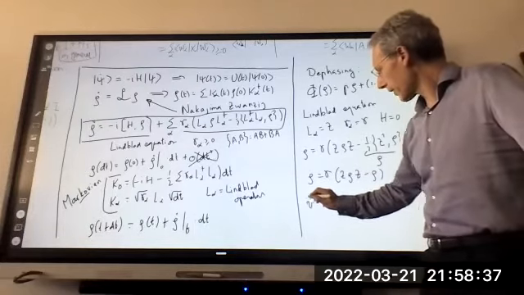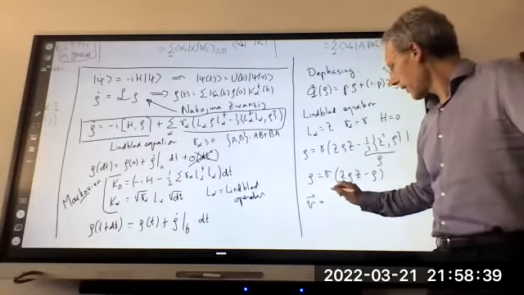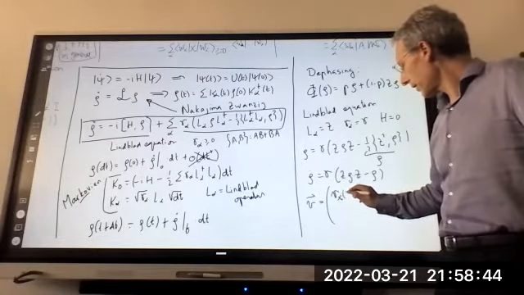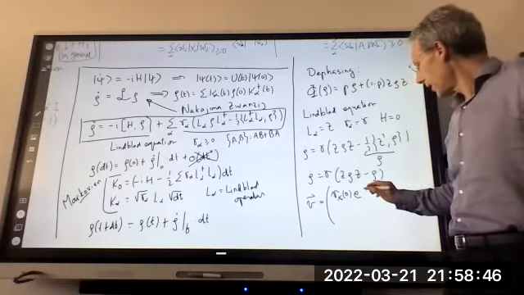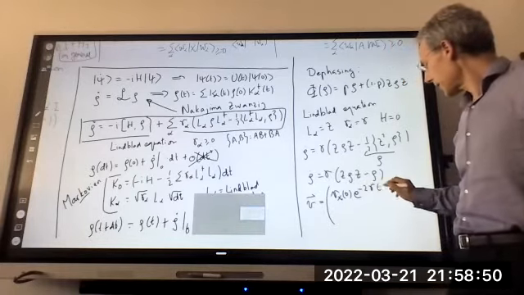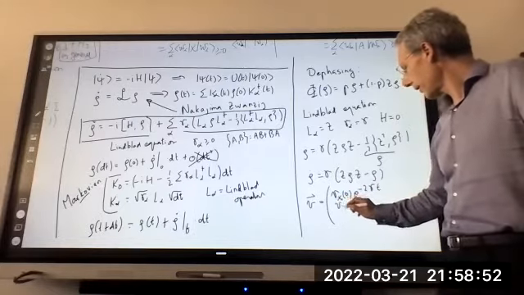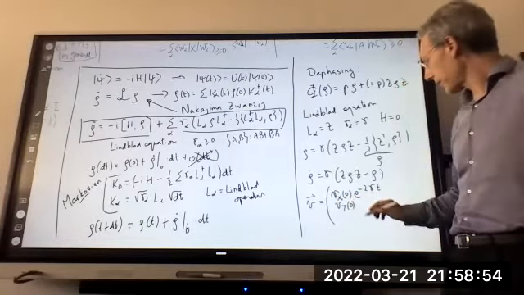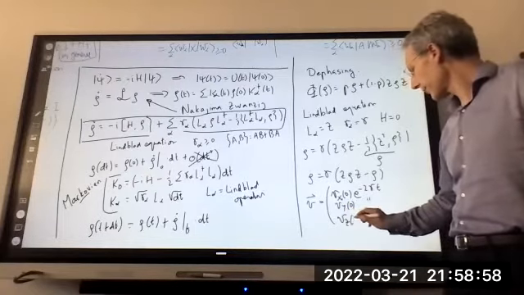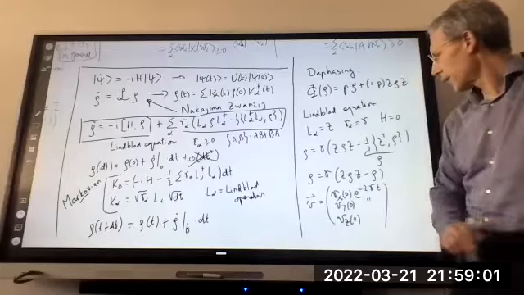So the Bloch vector, V, is Vx of 0 e to the minus 2 gamma t. Same for y. This is what you find when you solve this equation. And the z component is constant.